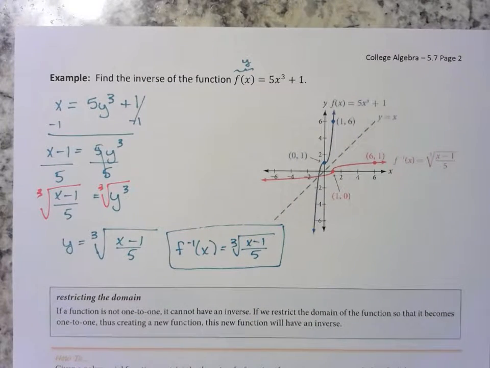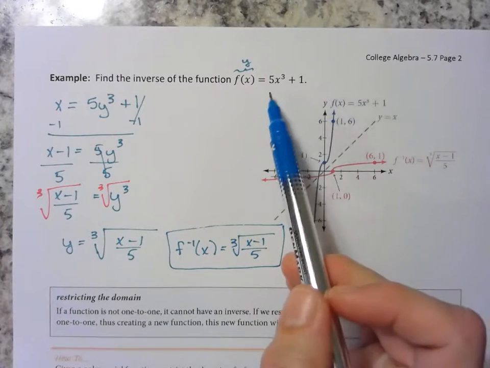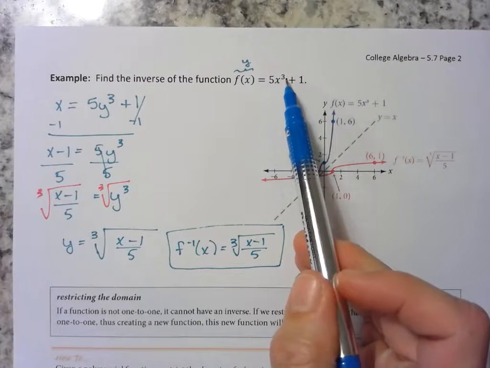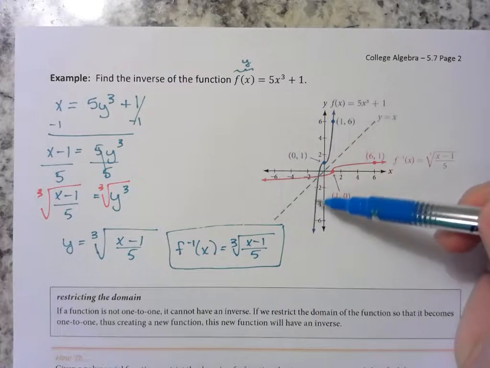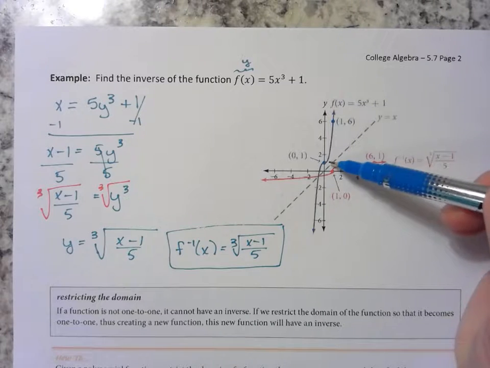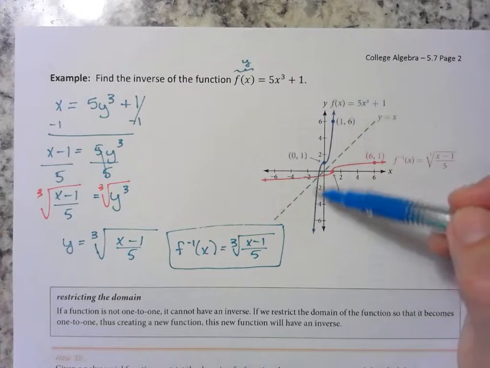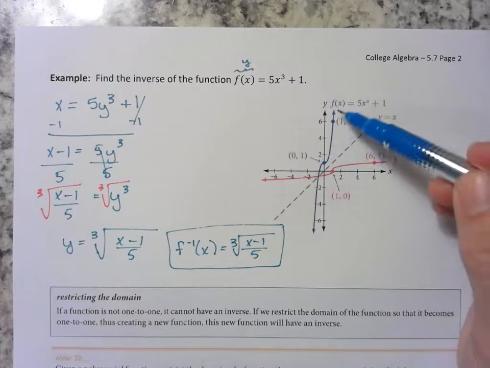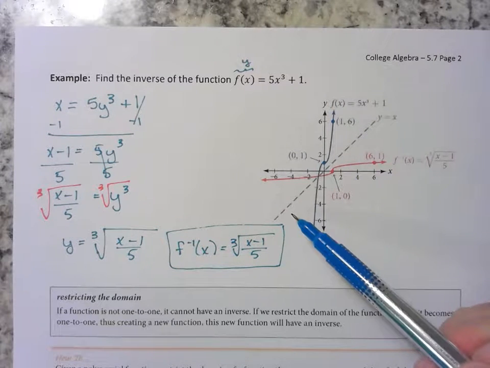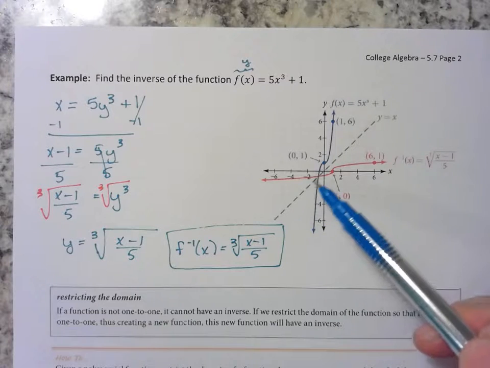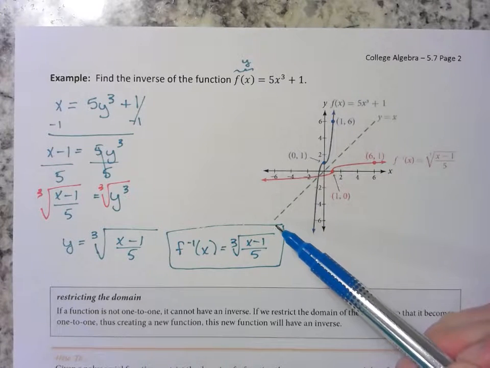So we have this nice picture here. Our original function was 5x cubed plus 1. That's this blue graph right here. Remember, your cubic function makes that S shape? Well, remember that inverse functions are reflected over the line y equals x.